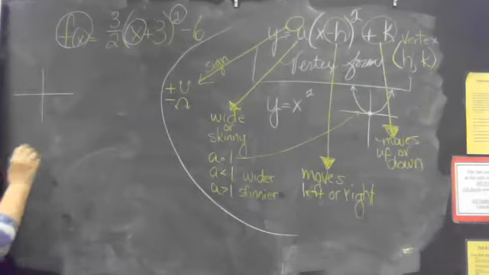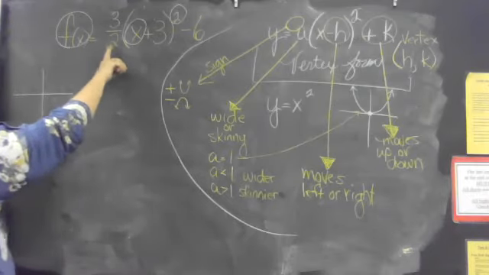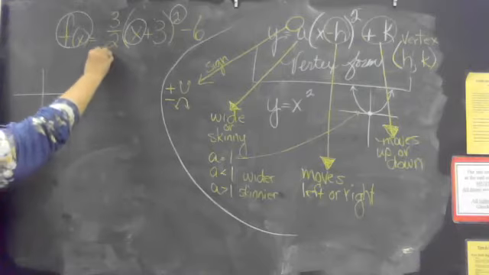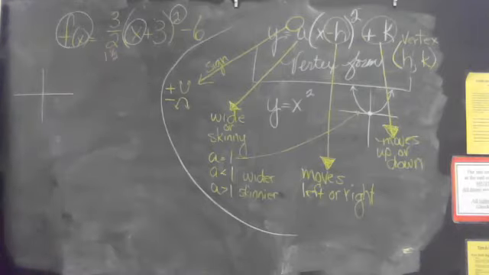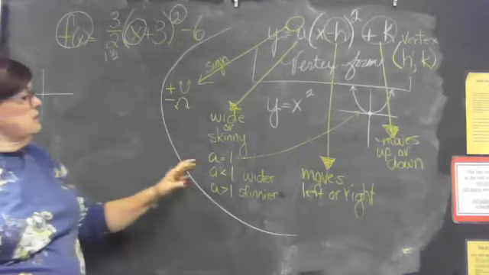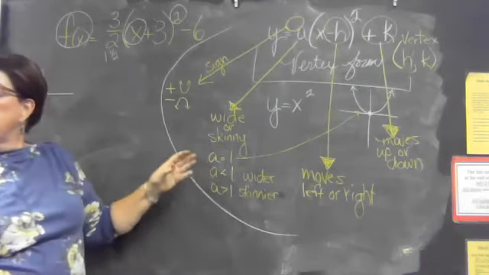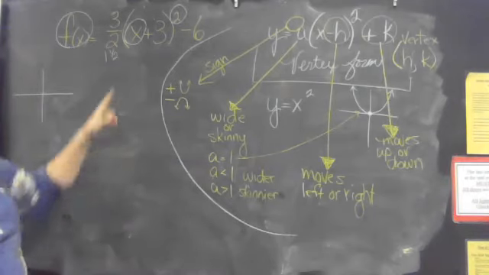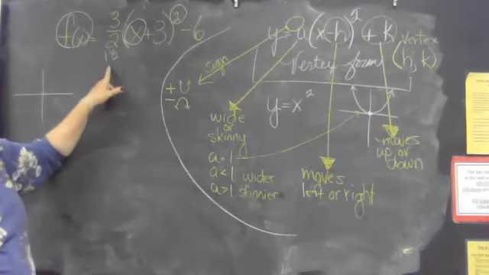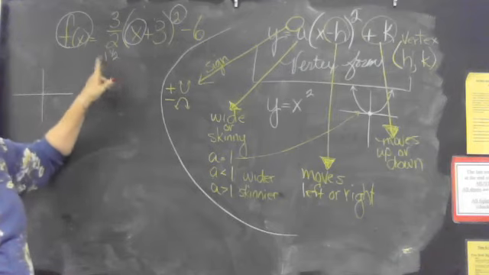Okay, so the first thing we're going to look at is this 3/2. Now 3/2 is the same as 1.5. So is it larger than 1? Is it smaller than 1? Larger. It's larger because it's 1 and then a half. 1.5.